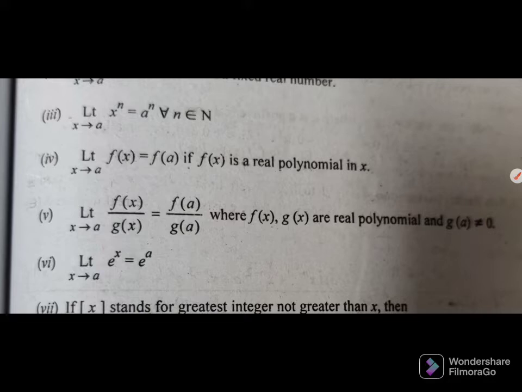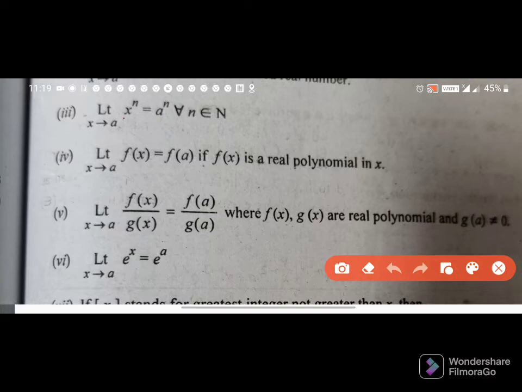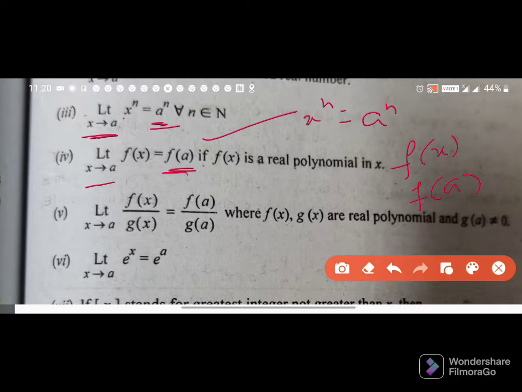Limit x tends to a, x raised to the power n. Now put x equal to a, so this is equal to a raised to the power n. Next, limit x tends to a, f(x) is equal to f(a). Now replace x by a, so this is equal to f of a.